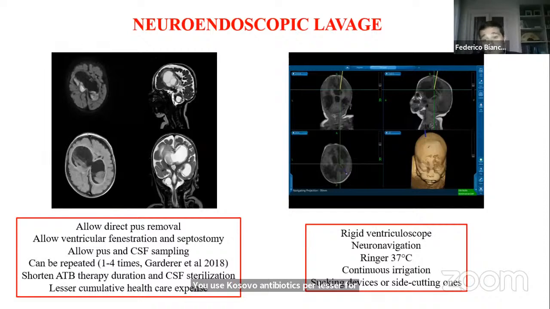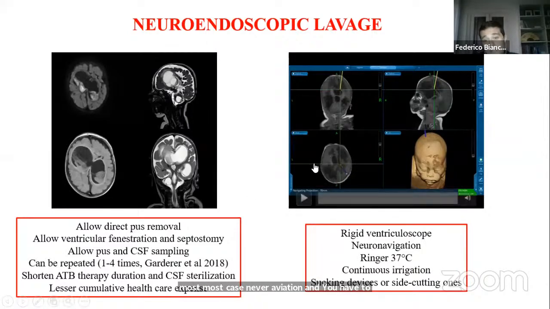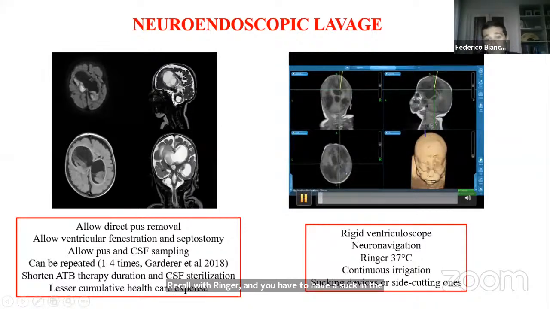You will need a rigid ventriculoscope, in most cases neuronavigation, and you have to continuously irrigate the ventricle with Ringer, and have a suction device in order to remove the debris.